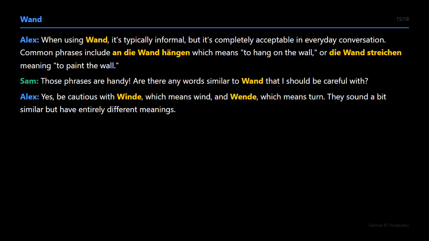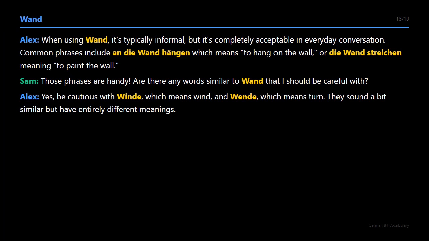When using Wand, it's typically informal, but it's completely acceptable in everyday conversation. Common phrases include, An die Wand hängen, which means to hang on the wall, or Die Wand streichen, meaning to paint the wall.